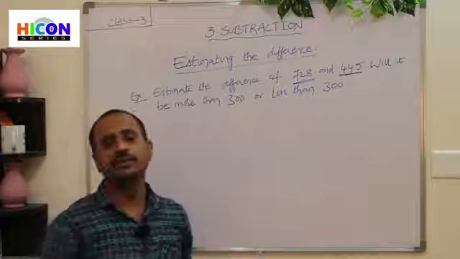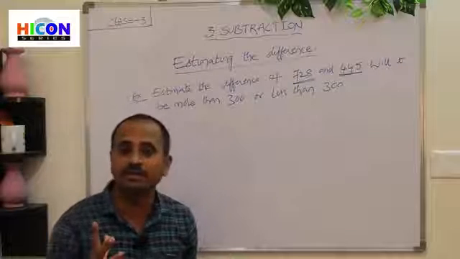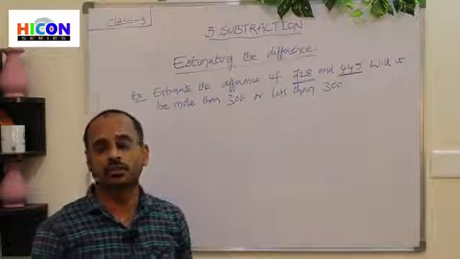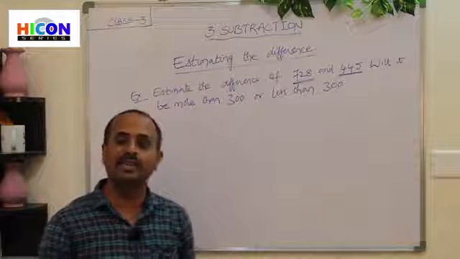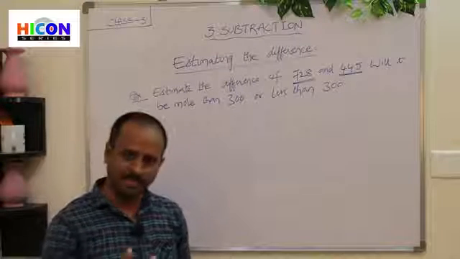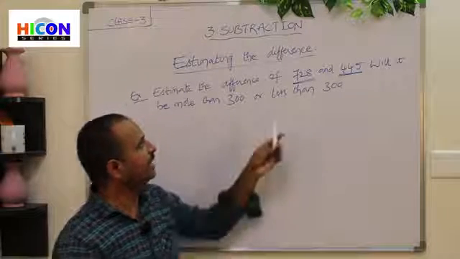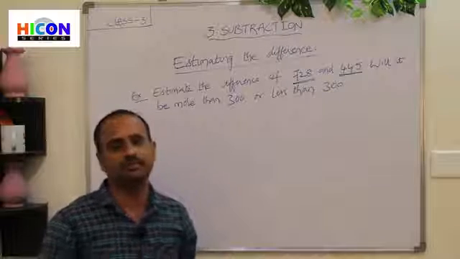How can we estimate? In the previous chapter, that is in the first chapter, we have learned a concept, that is rounding off the numbers. So we can round off the numbers to the nearest tens or nearest hundreds. In the same way, we can estimate the difference between two numbers without doing subtraction.